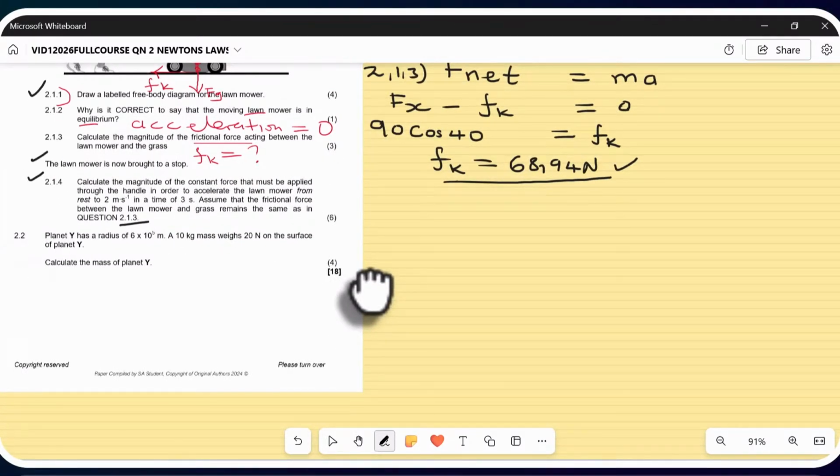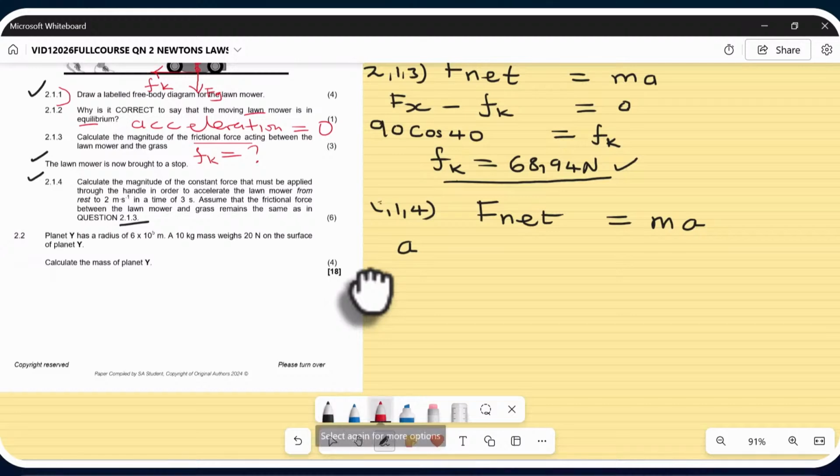Now acceleration is given by final velocity minus initial velocity, divided by change in time, right, guys? Because it's from rest to 2, it's going to be 2 minus 0 divided by 3. So it is 2/3 as my acceleration.